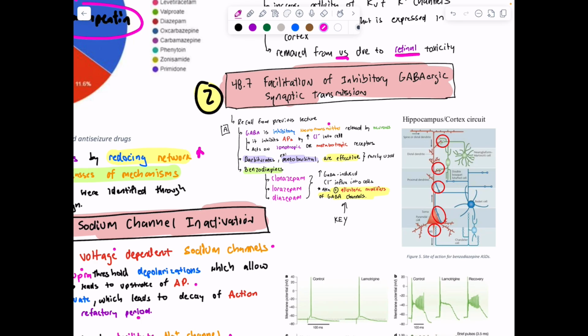It inhibits action potentials by allowing chloride into the cell. It acts on ionotropic as well as neuromodulator receptors, the metabotropic receptors. Barbiturates, pentobarbital, are effective ways of acting inhibitorily.